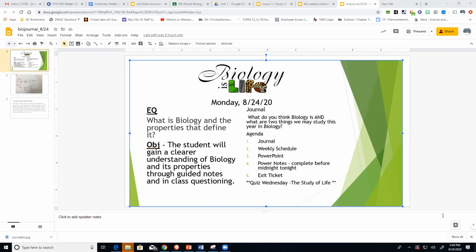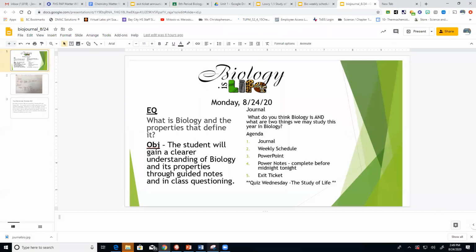Microscope. So that would be one thing. And after we get finished with our EOC, then we'll be doing some dissection. So we're going to be studying cells and reproduction, using microscopes, and doing some dissection.